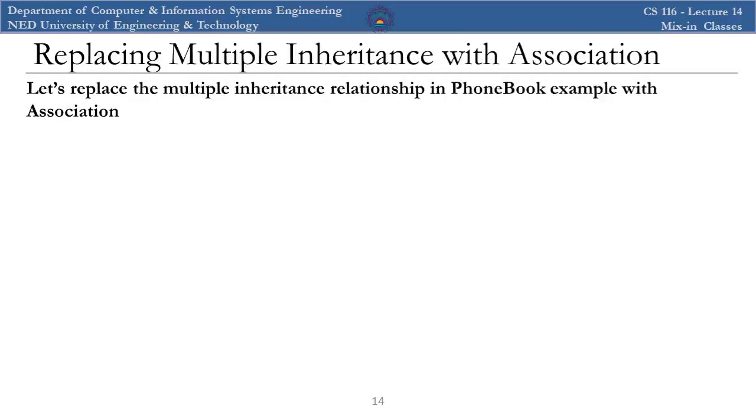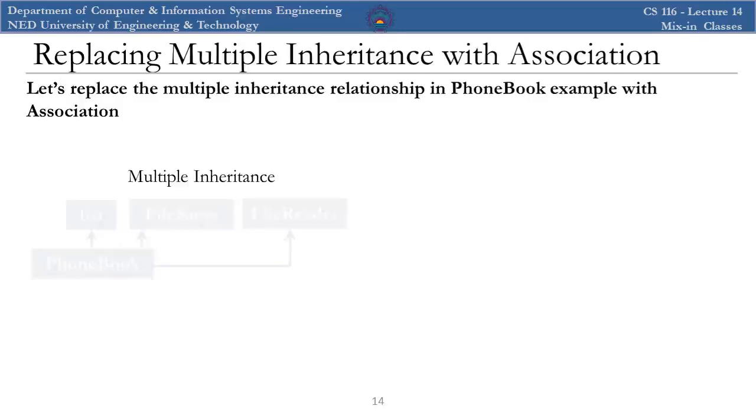Considering the same phone book example, right now phone book is inheriting from three classes: list, file reader, and file saver. What I'll do in this example is replace file reader and file saver with association, leaving list as it is, right?